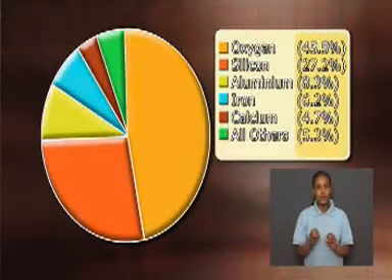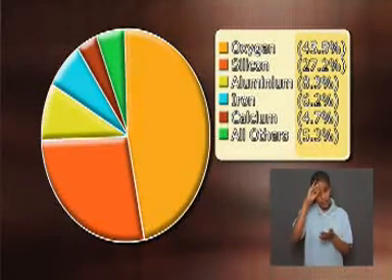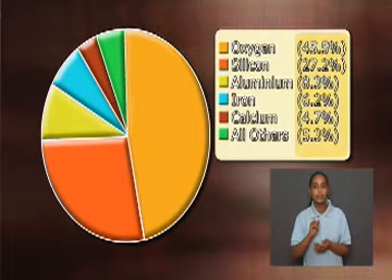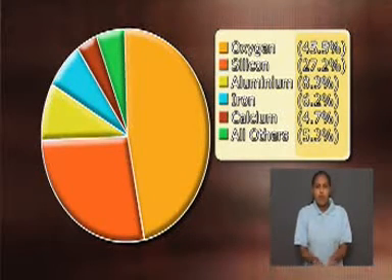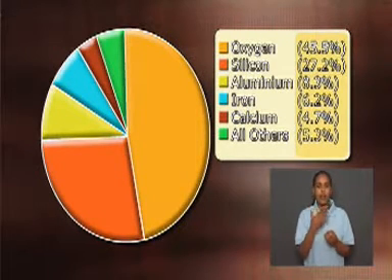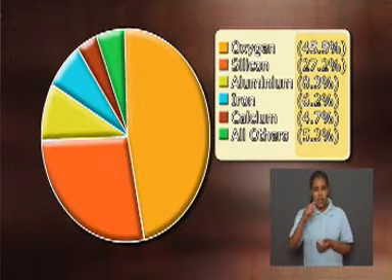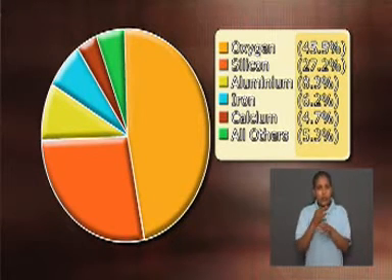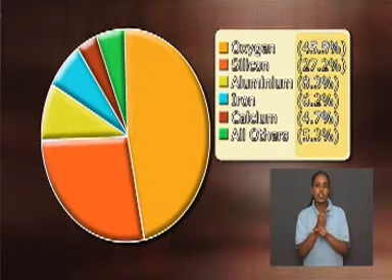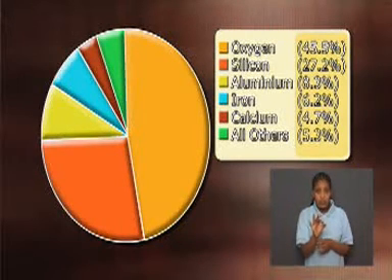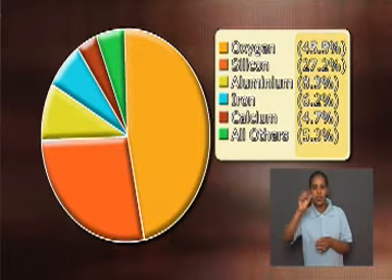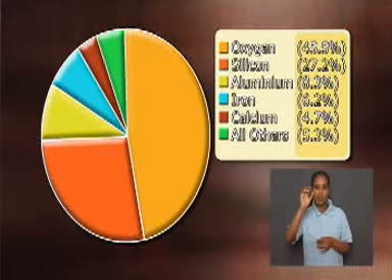Students, you might be surprised to learn that silicon is the second most abundant element in the Earth's crust. Silicon rarely occurs as a free element in nature, and it is most commonly found as silica and silicate compounds.